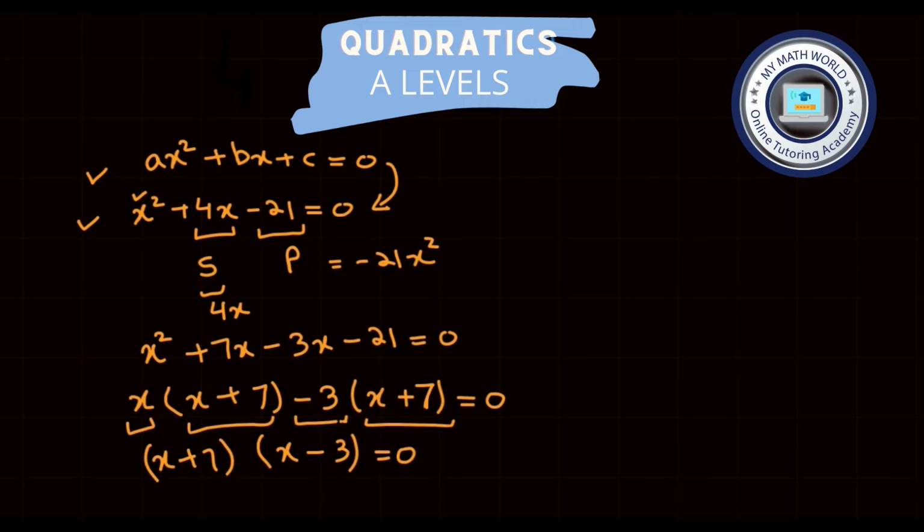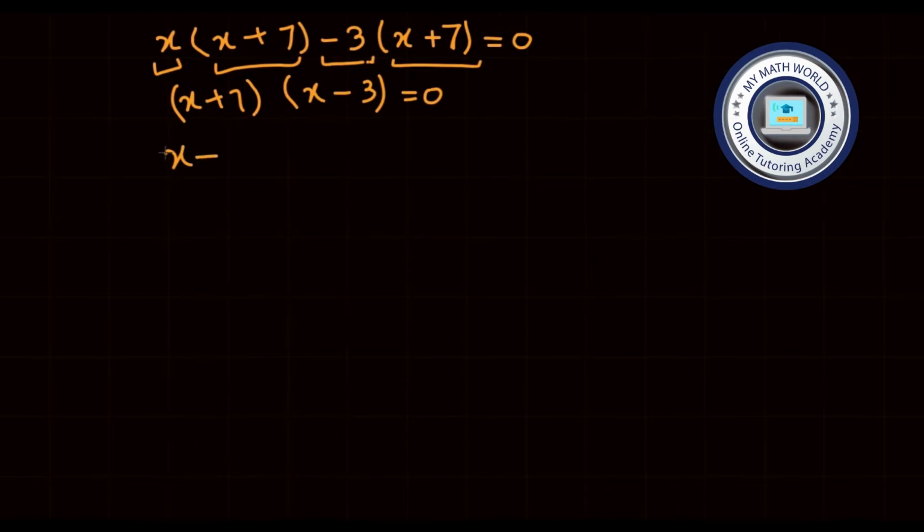Okay, then we have to write each factor equal to 0: x plus 7 is equal to 0, and the second factor, x minus 3, is equal to 0. We are doing this to get the specific roots of x. So if I bring this 7 to the other side of the equation, then x is equal to minus 7.